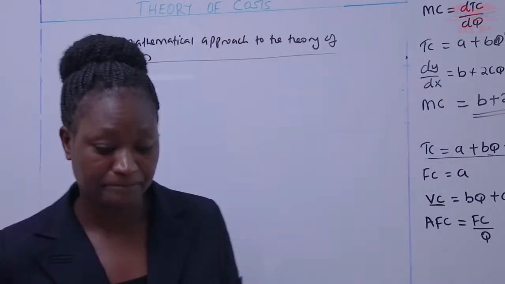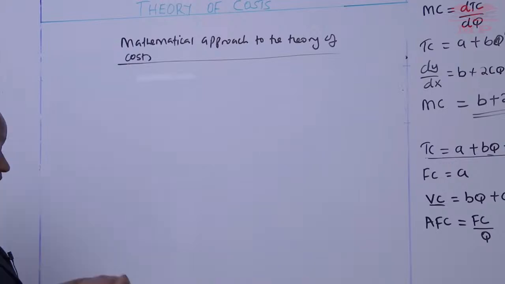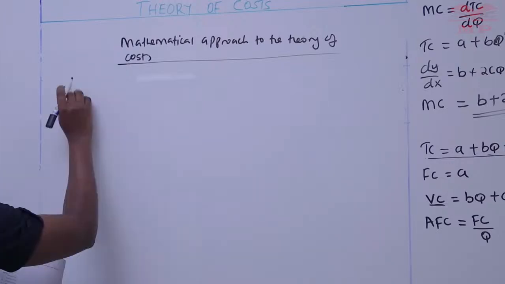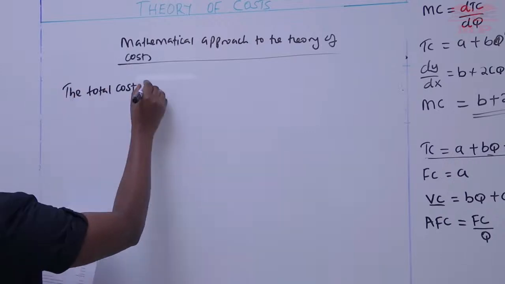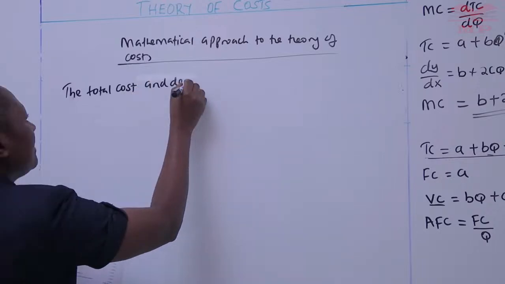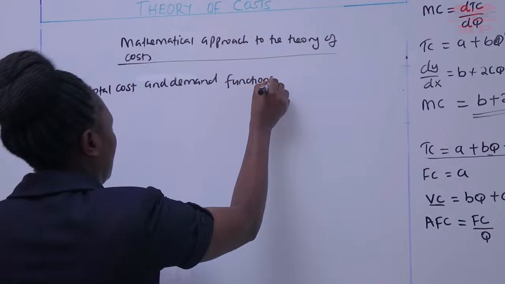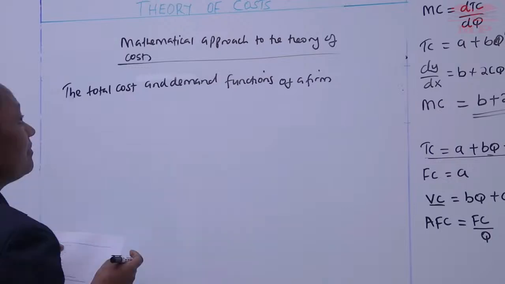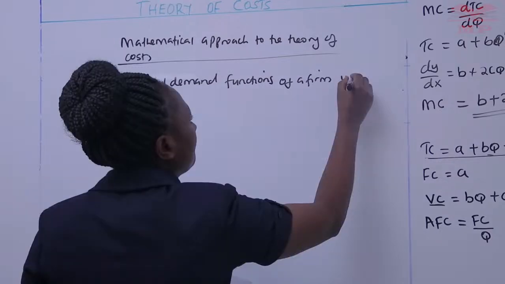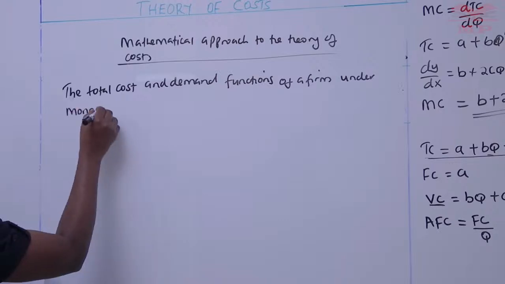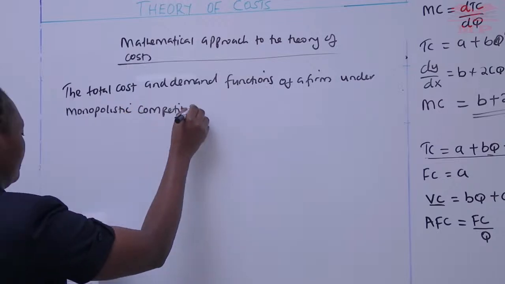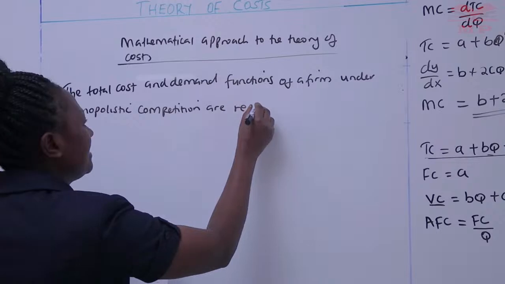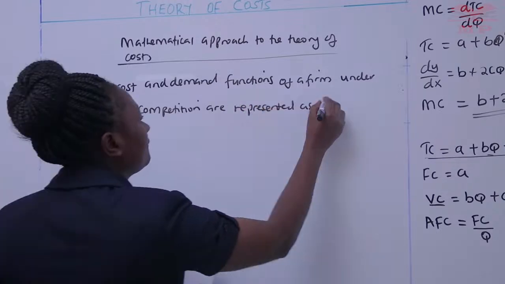Assignment. This is the assignment. You are told that the total cost and demand functions of a firm under monopolistic competition are represented as follows.